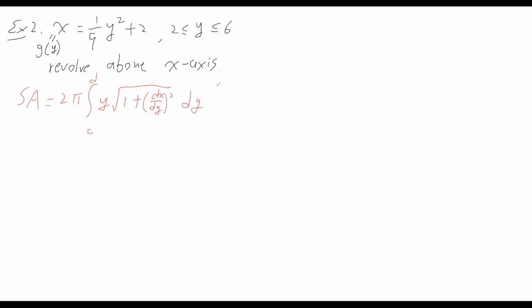All right, so here we go. Let's actually find out what this part is first. Okay, so dx dy is going to be 2/9 of y. Yeah, that's it. And then square that. dx dy quantity squared will be 4 over 81 y squared.